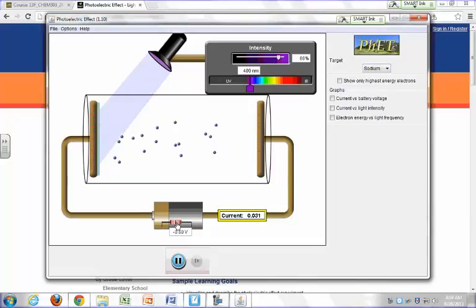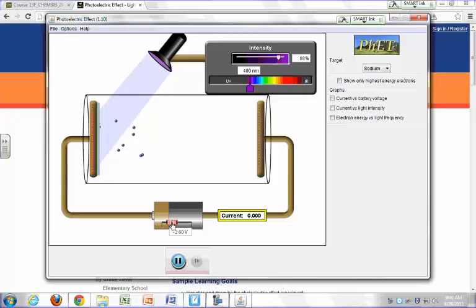So you can see by making the voltage negative, it's repelling the electrons. The electrons are still going to be ejected, but because of the negative charge on the collector, they're going to be repelled, so they can only make it this far.